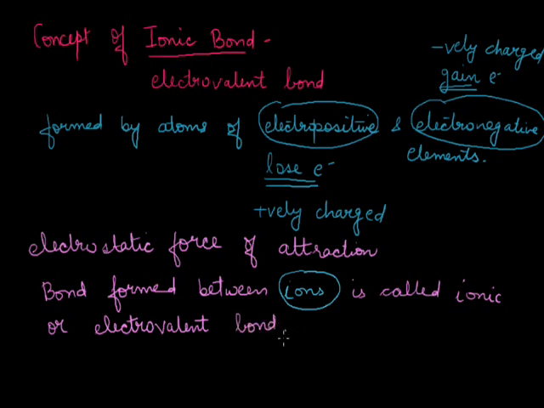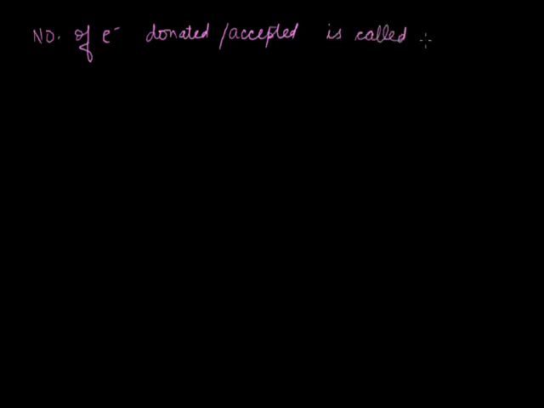And the compound thus formed is called ionic or electrovalent compound. The number of electrons donated or accepted by any element is called electrovalency.